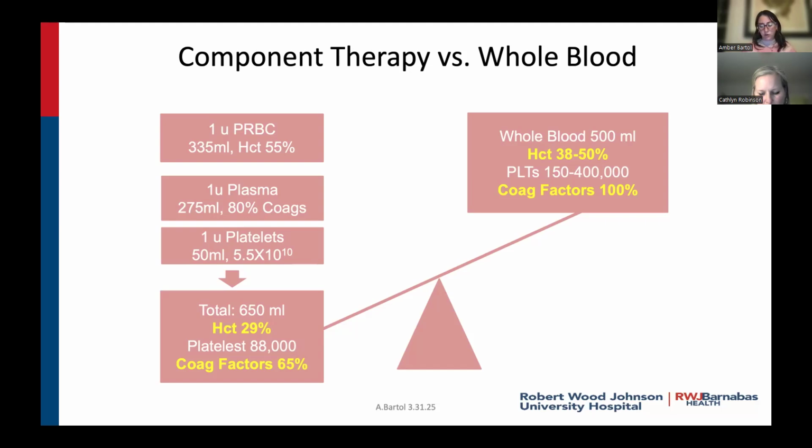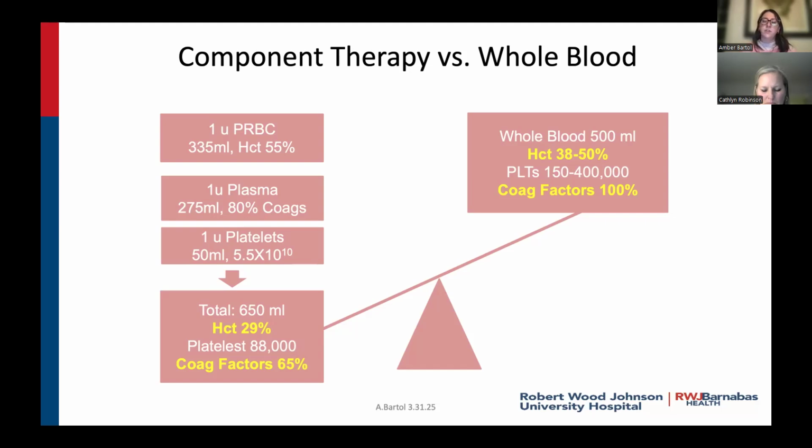There's still research being done about women of childbearing age and children receiving whole blood, but studies have been done, and the people that have gotten it have not had any adverse reactions. With whole blood for children, the thing that they're seeing is that the volume is a lot.